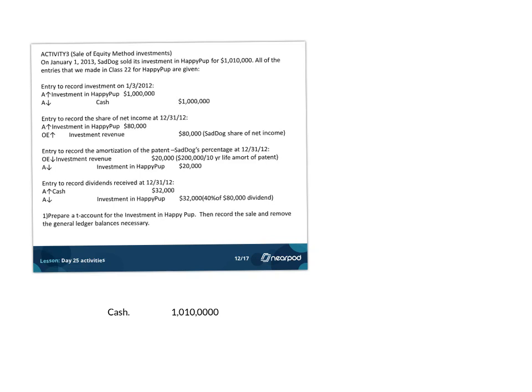I'm actually not going to do this problem all the way through. I'm just going to stop right here and say, you know what would happen, because I know you do know what would happen. You're going to take the investment in Happy Pup off of your books for whatever you add up that goes in the T account.